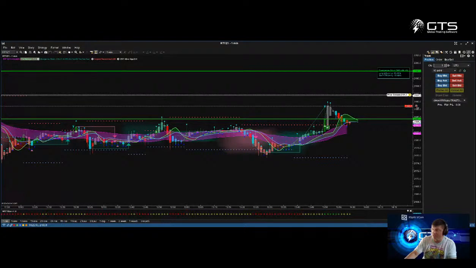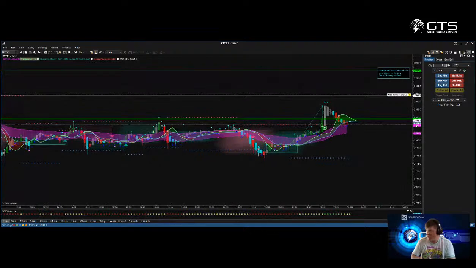Let's see here, 89 entry to 84. You've lost 5 points. 5 points at, what is it, $5 per tick, $50 per point, 5 points, $250. You have lost $250.